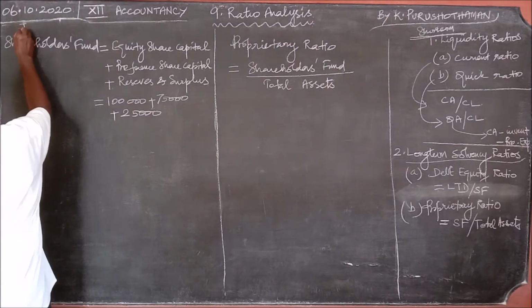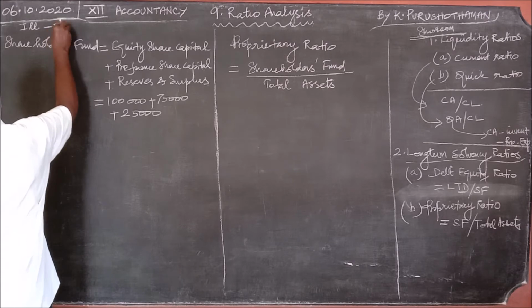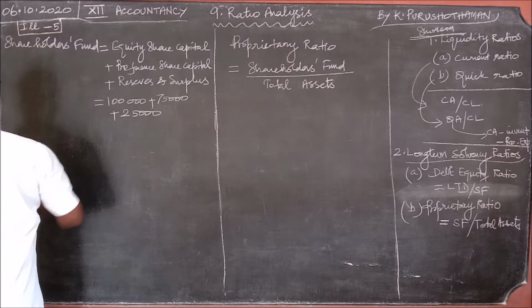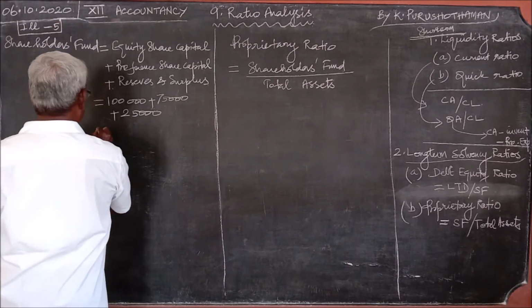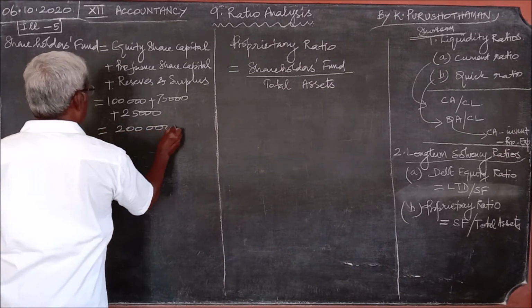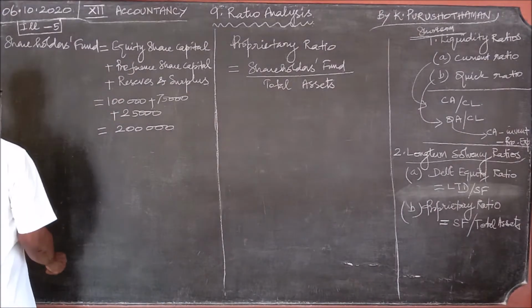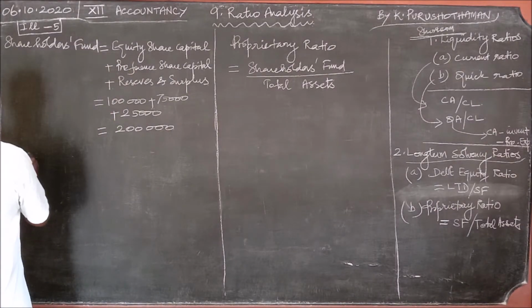This is illustration 5. So the total will be 2 lakhs. So for the numerator we have found out the values. Then denominator, total assets.